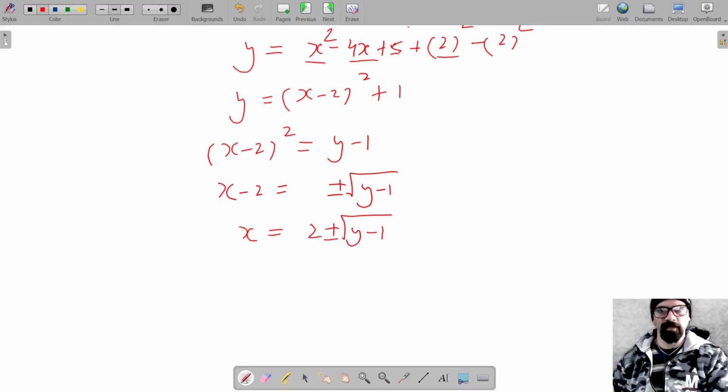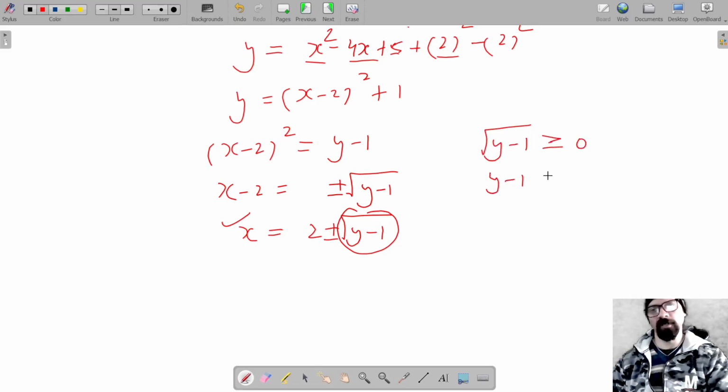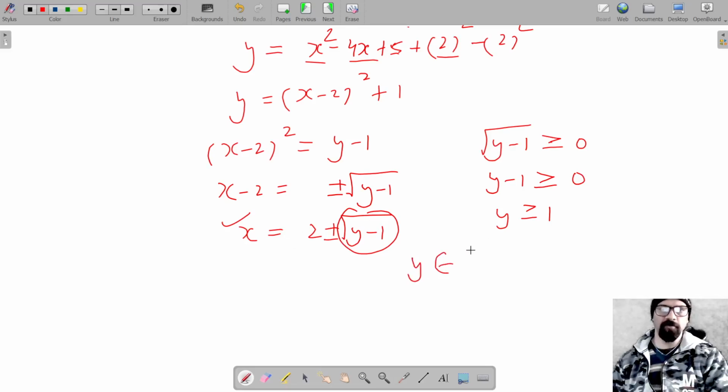Here x has to be a real number, so the value under the root, y minus 1, should be greater than or equal to 0. That gives me y is greater than or equal to 1, which means y belongs to 1 to infinity.